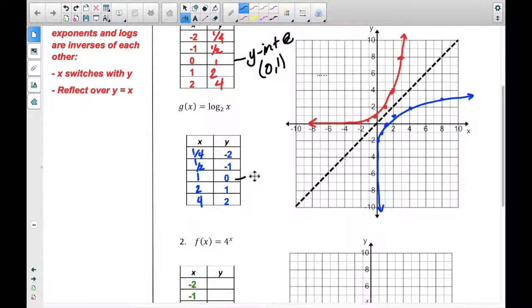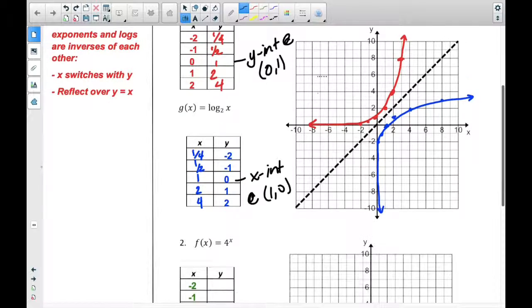Well, in log functions, you're going to have an x-intercept at (1, 0), and you'll always see that if you plot the original and then plot the inverse. And then my next point is at (2, 1), because of the log base 2.